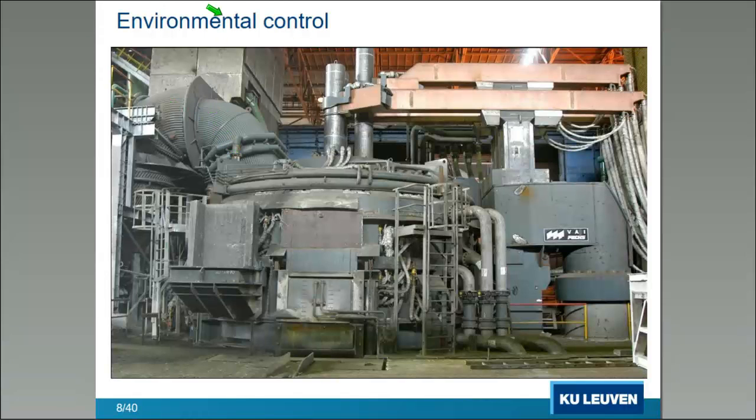So therefore I put here the title environmental control, because in steel industry the dust production is very important. So what we have here for this electric arc furnace system, we have an aspiration of the dust coming out from the slag of the melt. I will show you pictures of the slag later on.